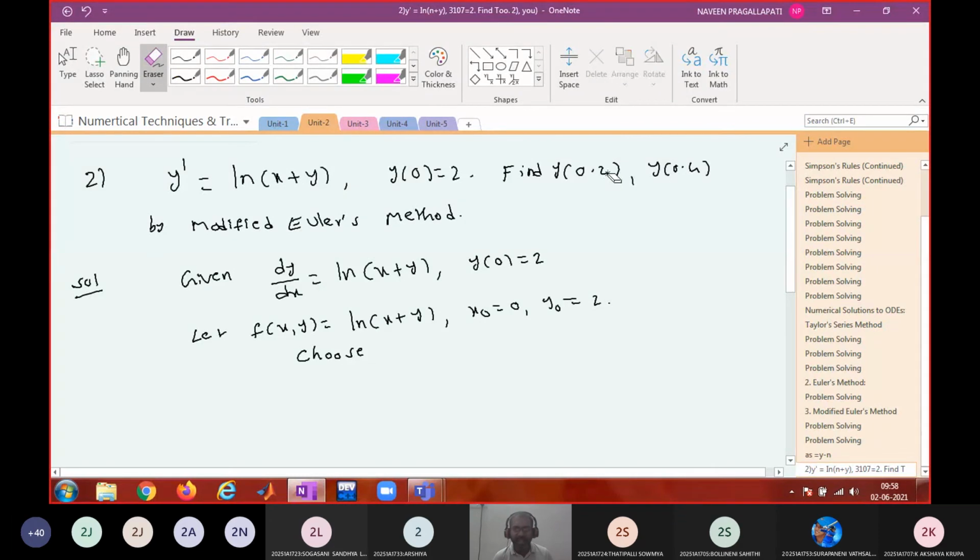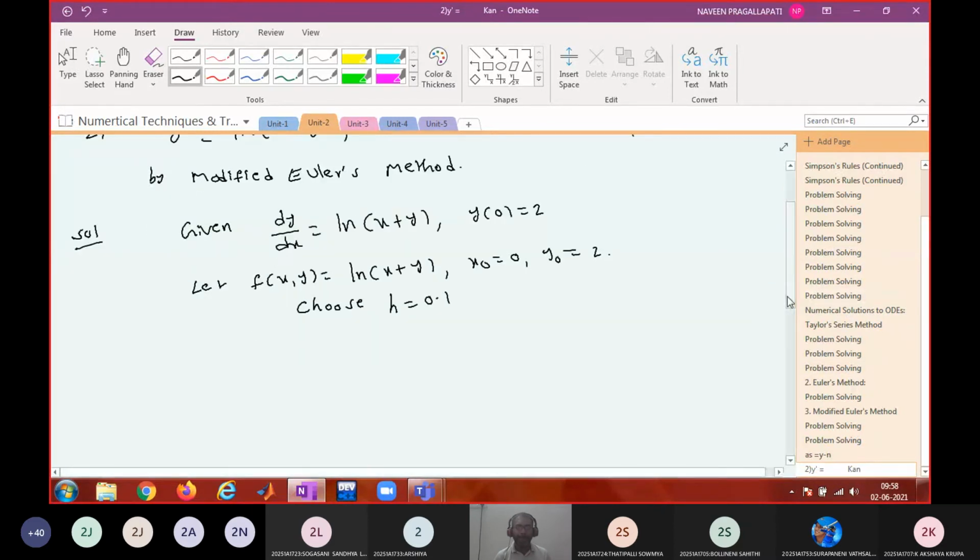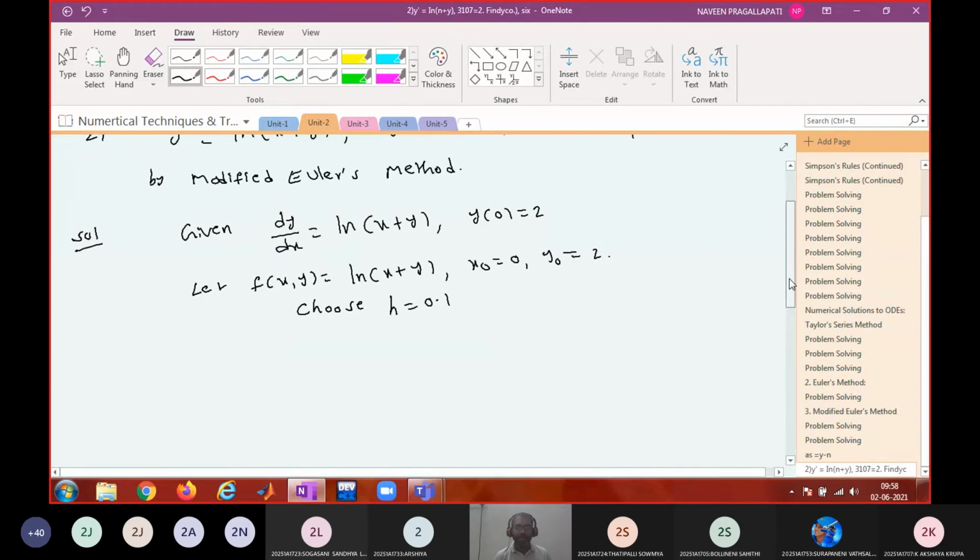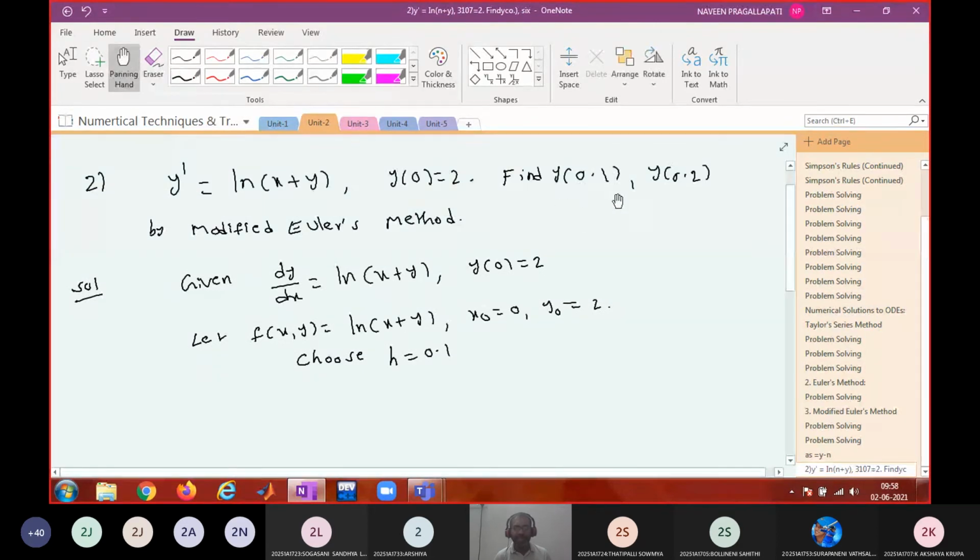I'll slightly change it. I'm asking you to find y of 0.1 and y of 0.2. That means you have to choose h equal to 0.1. Okay, so all of you make this change.